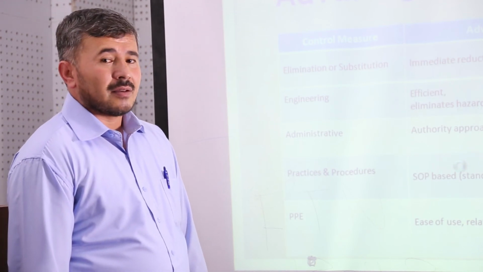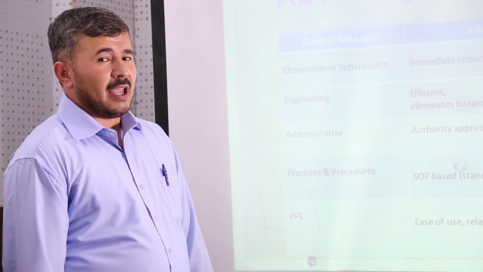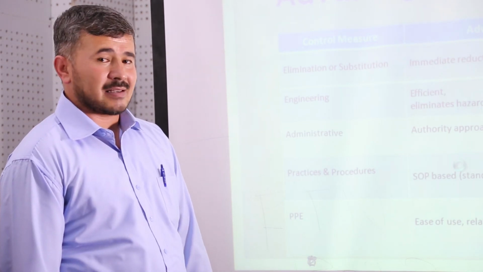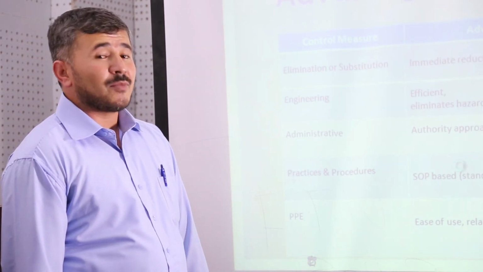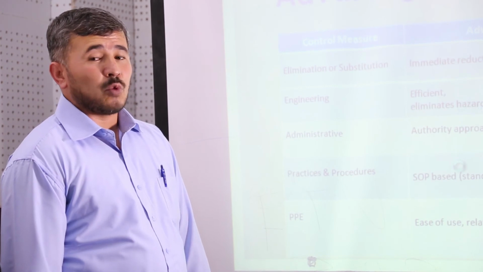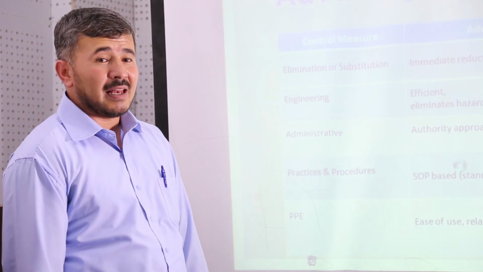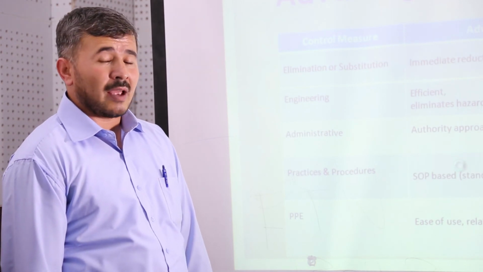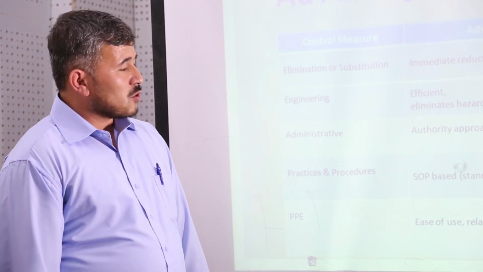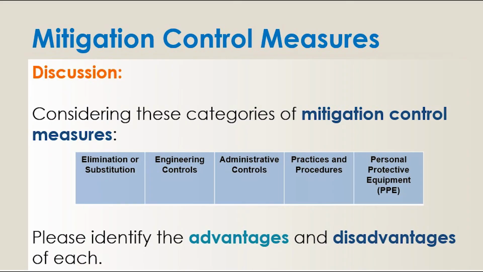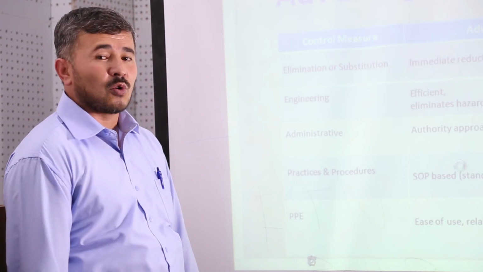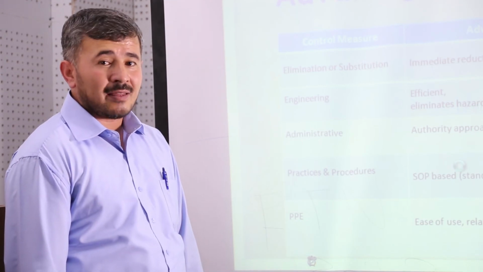But PPE will not eliminate the risk. Sometimes it will even spread the infection to others, to the families, even to the environment. So we have to consider the advantages and disadvantages of all these 5 categories when we are using them to reduce the level of risk.